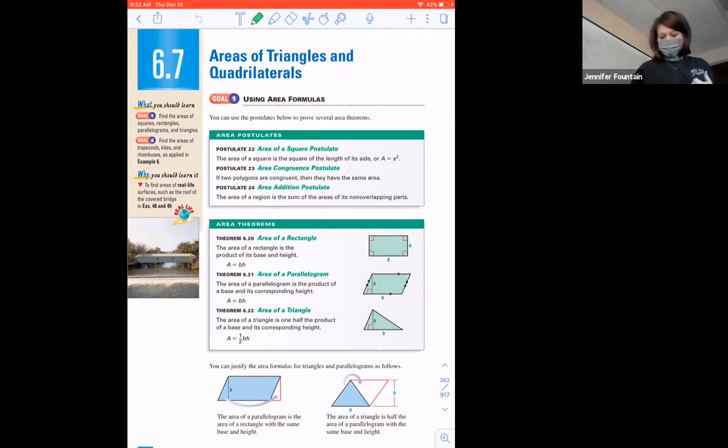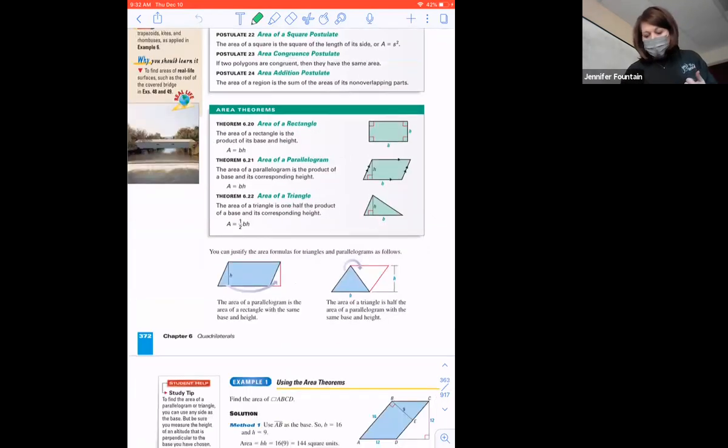We wrote down all the notes for our area formulas. We know that for a rectangle, area equals base times height. So A equals BH.